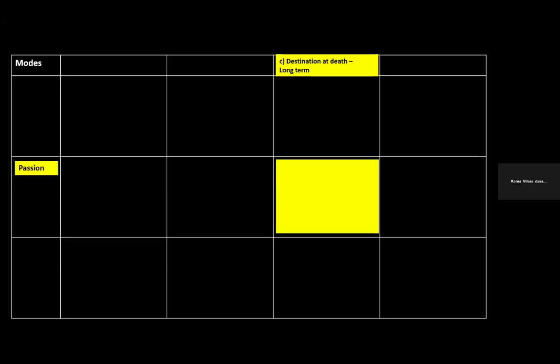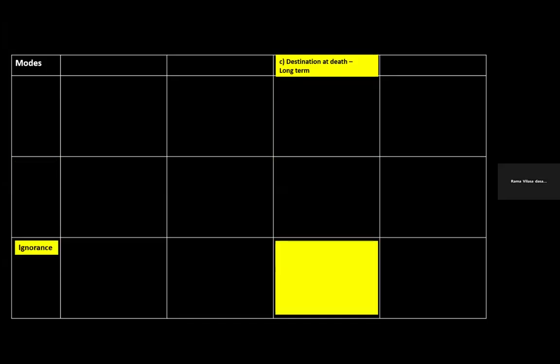Next box is passion and destination at death, from verse 15: attains earthly planets. And the box for ignorance and destination at death also comes from verse 15: birth in lower species and lower planets.